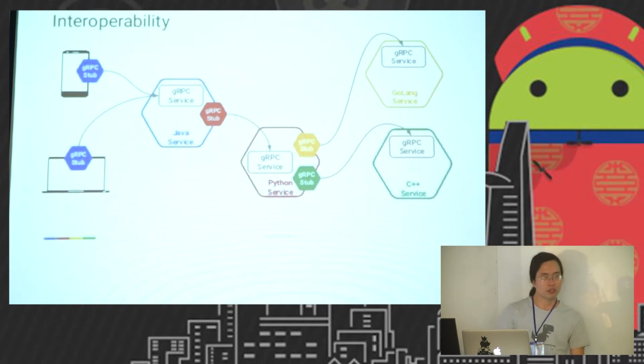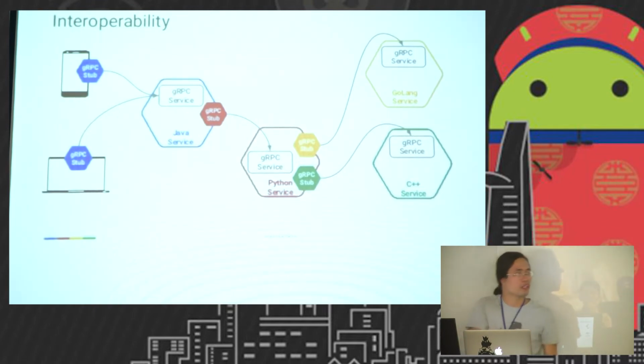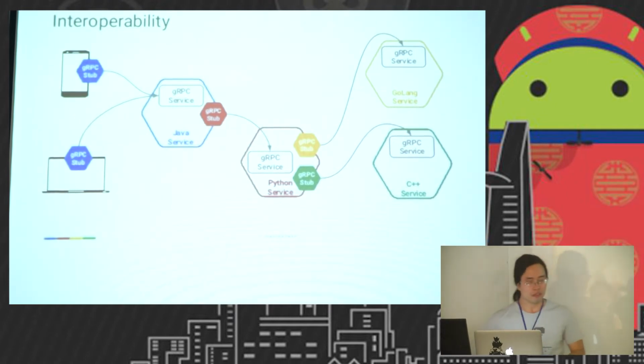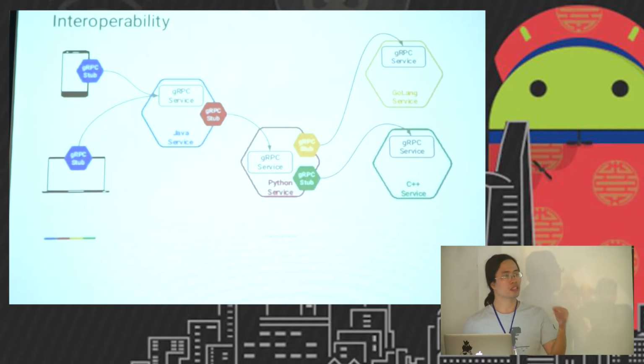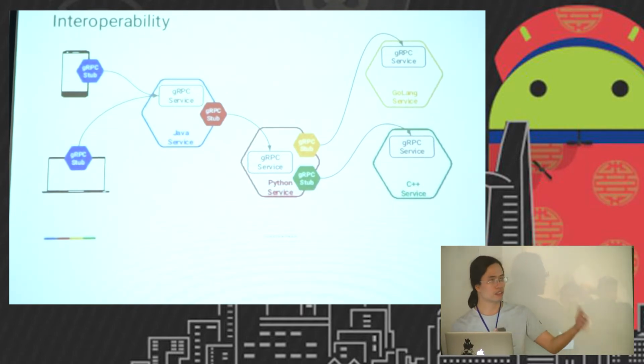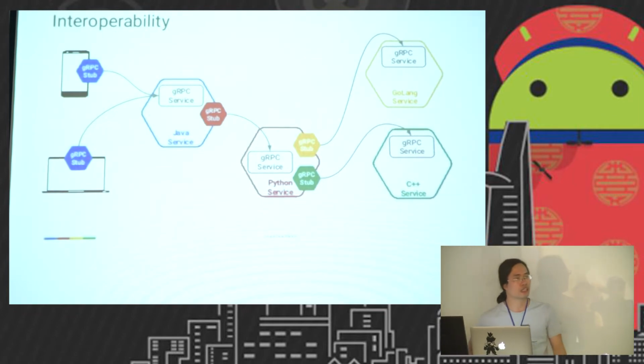gRPC is very suitable for microservice systems, because in a microservice system there are many components depending on others, so maintaining the interfaces is very hard. For example, with a RESTful service, when you change the method name, the URL, or some data, you must talk back to the developer on the client side.